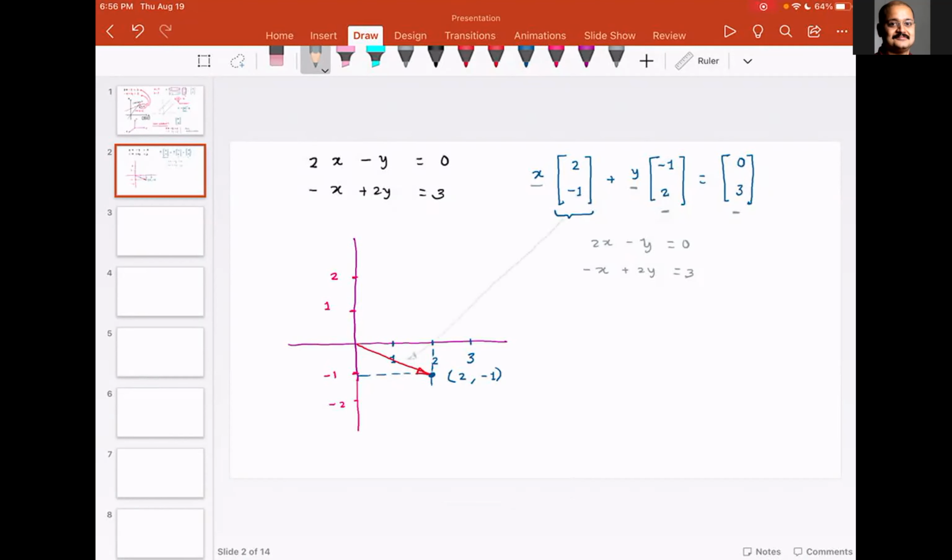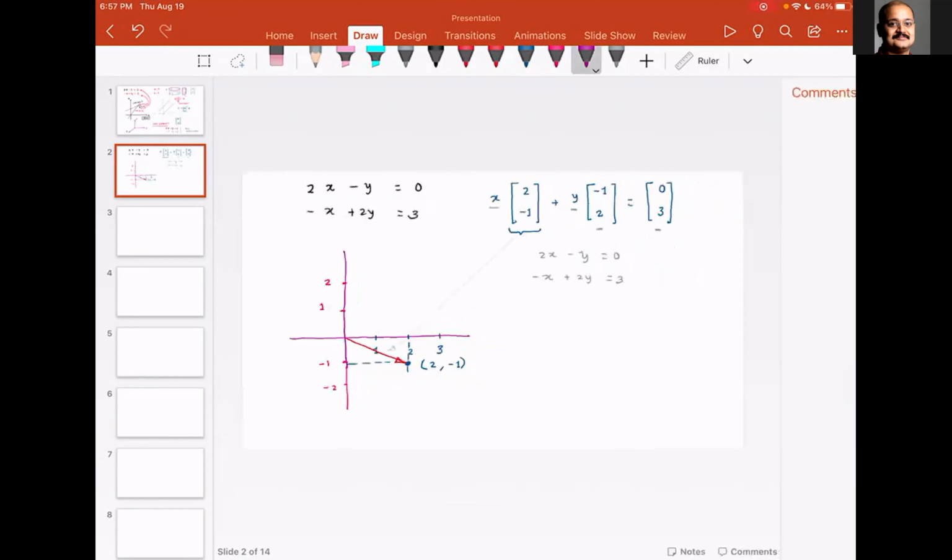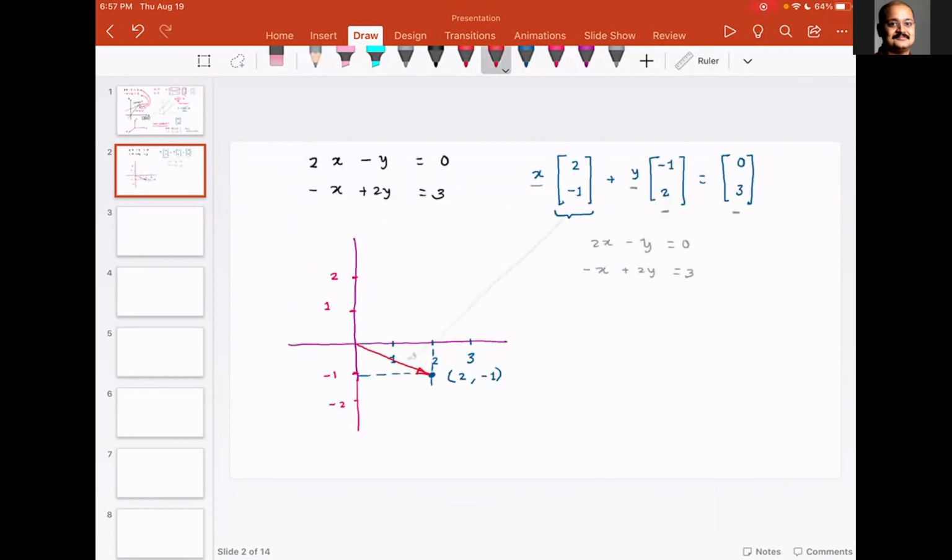Then I'm going to do the exact same thing for the second vector. This is minus 1, the x value, and this is the y value, which is 2.